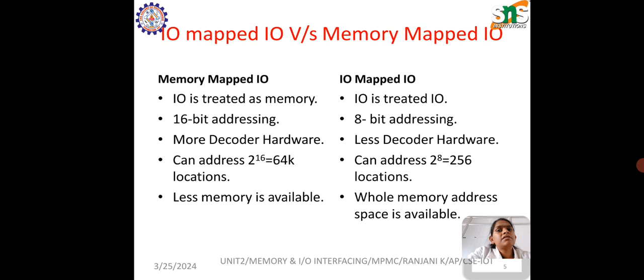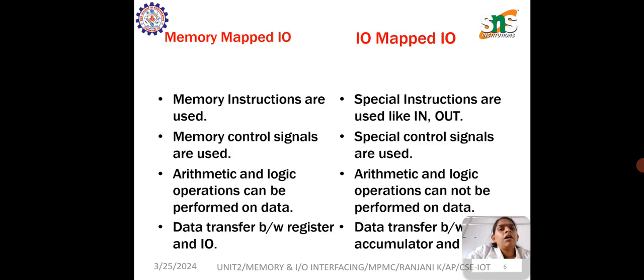Next, in memory mapped I/O the memory instructions are used, whereas in I/O mapped I/O instructions like input and output are used. In memory mapped I/O the normal memory control signals are used, whereas in I/O mapped I/O special control signals are used.